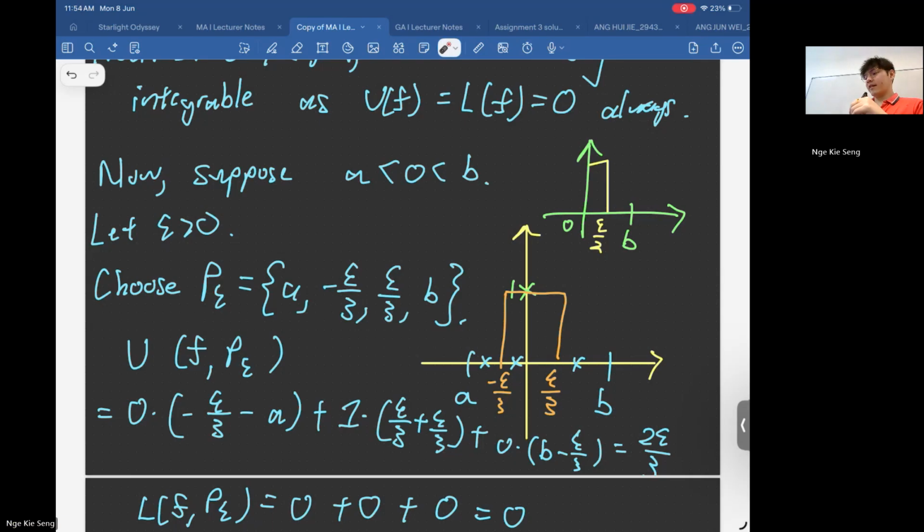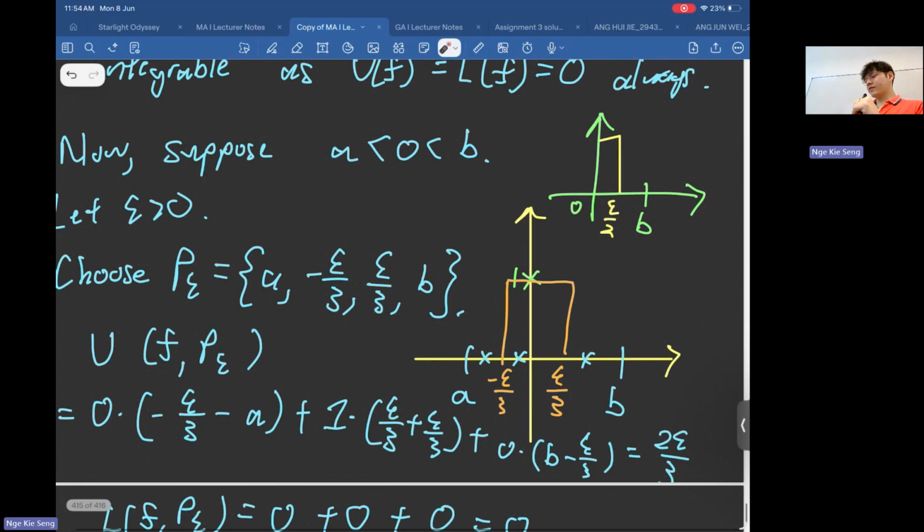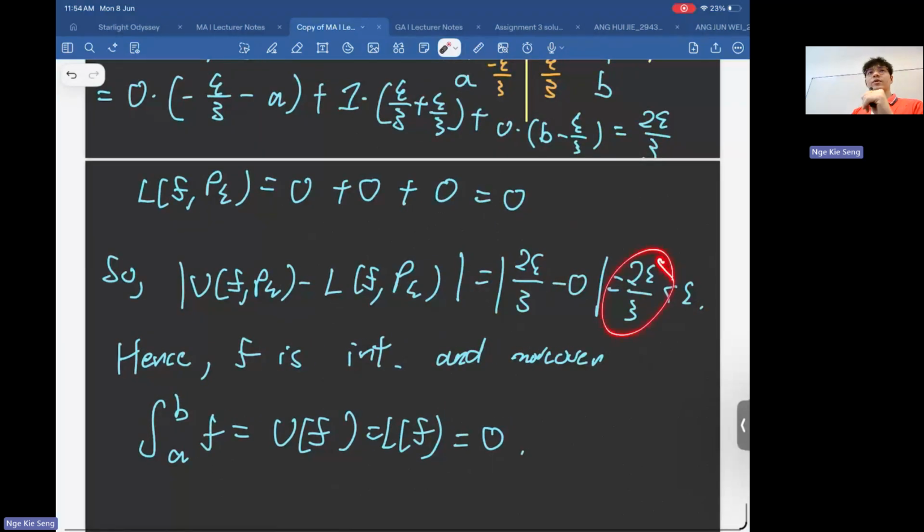So we have covered all the cases. If B is 0, then it's similar. You just subtract epsilon over 2, and then it works. You don't need epsilon over 2 either; you just need to choose something so that after you compute, you get something smaller than epsilon, and then you are good already.